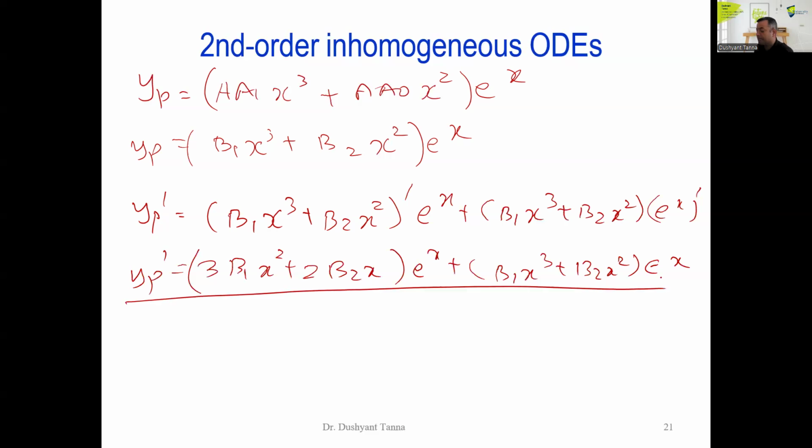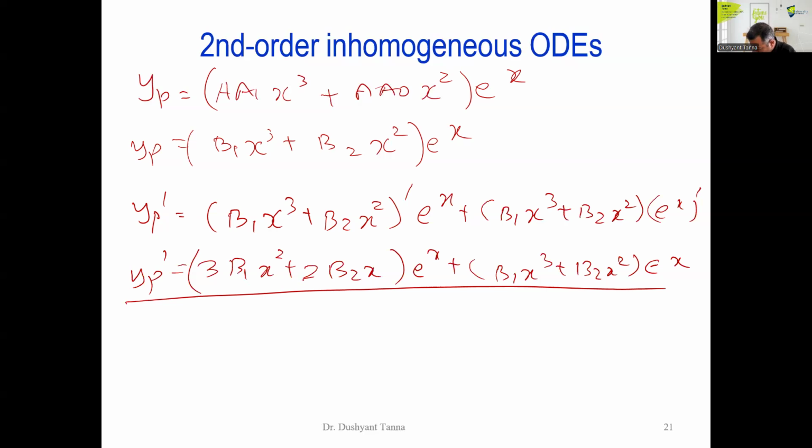That's yp dash. Once you get your yp dash, the next step is yp double dash. You can combine it if you like. Can we? We can. Combining it is good so that when you are doing double dash, you don't get so many terms.